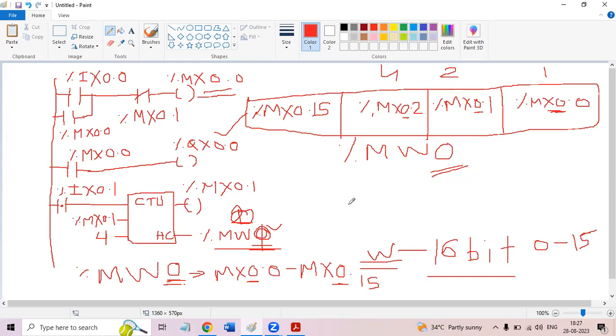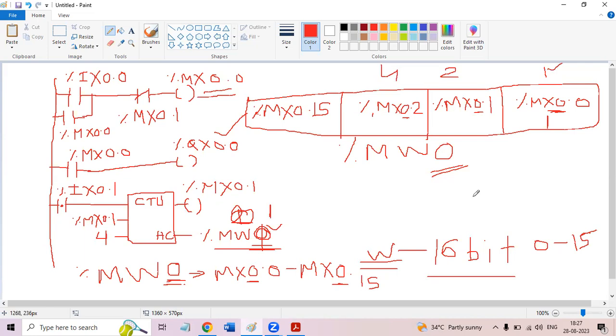So now you see, when you press I1 the first time in this program, MW0 gets 1, correct? The decimal value 1 means this bit becomes 1.